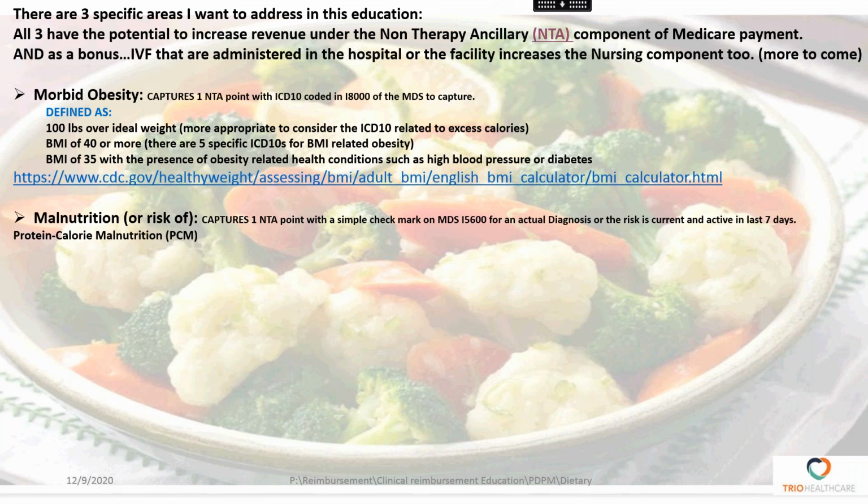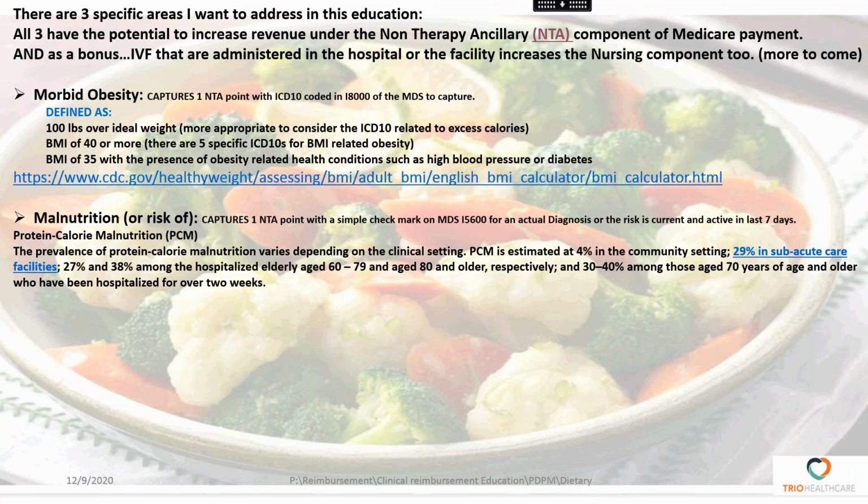So for example, with protein calorie malnutrition, or PCM, they tell you that the prevalence varies depending on the setting we're in. It's about 4% estimated out in the community. Once they get to a subacute level, then 29% of people represent a risk of malnutrition or an actual diagnosis.